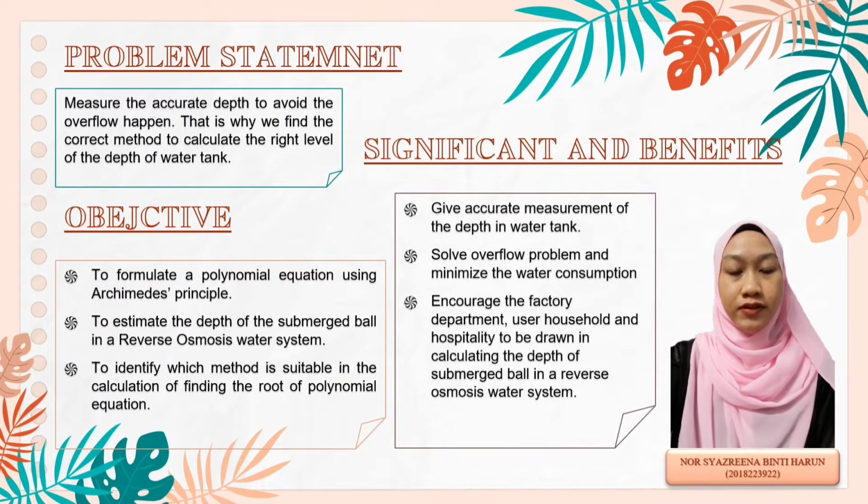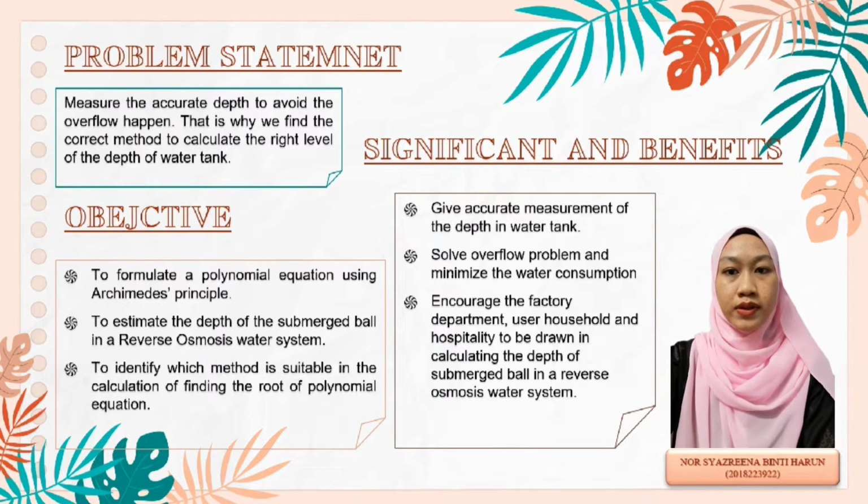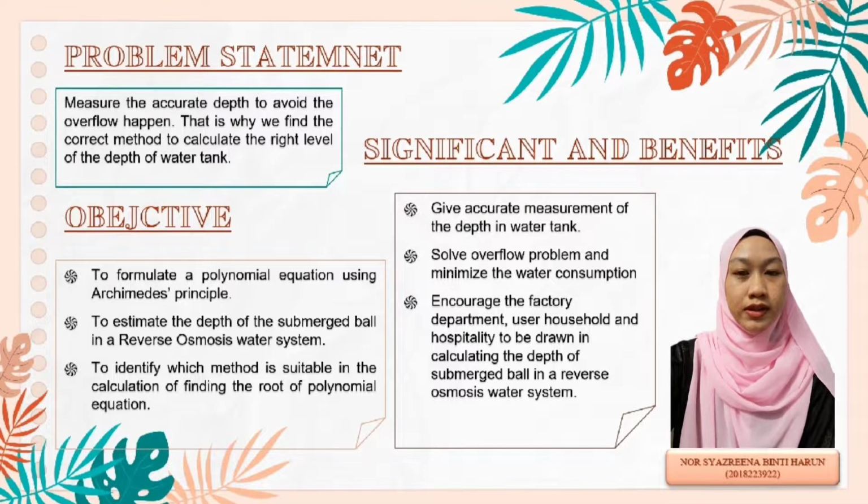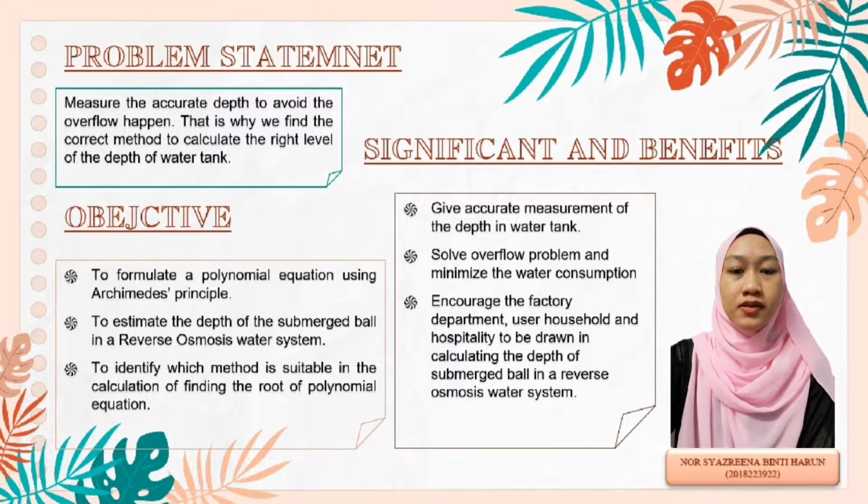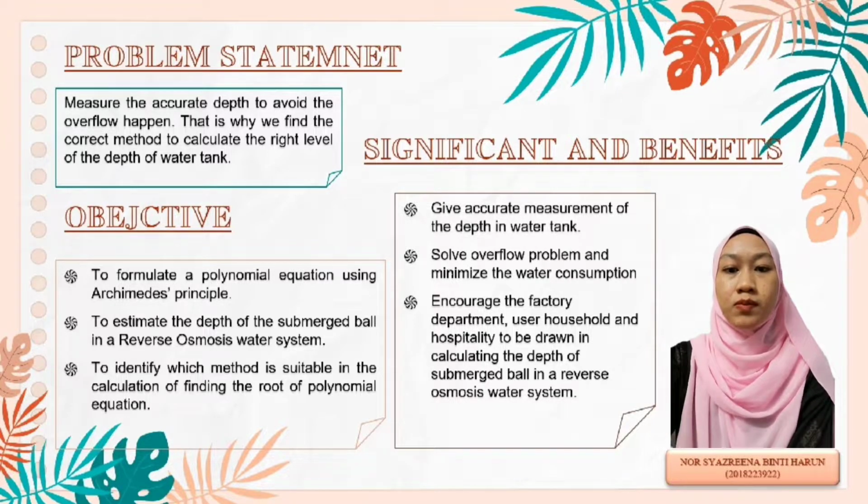For the benefit and significance, this research will give an accurate measurement of the depth in a water tank. Therefore, this research can solve the overflow problem and minimize water consumption for daily use. This research will encourage factory departments, household users, and hospitality to apply either the bisection method, Newton-Raphson method, or secant method in calculating the depth of a submerged ball in a reverse osmosis water system.